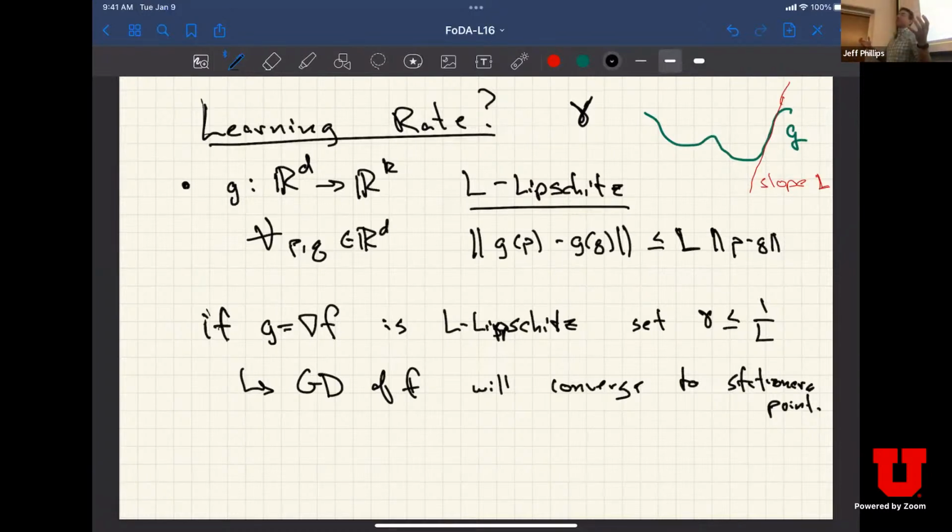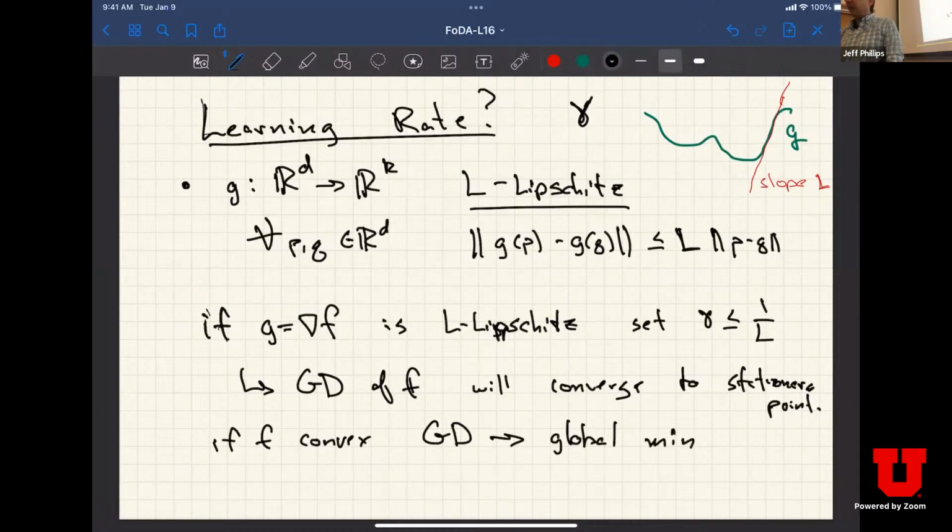It could get stuck at a local maximum or a saddle point, one of these other weird points. But if it's convex, I know I don't have any of those. So if I have a convex function, then it will converge to the global minimum. So if F is convex, then I can say gradient descent will go to the global min, right? The only stationary point is the global min.